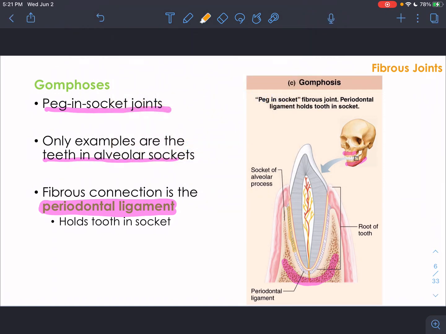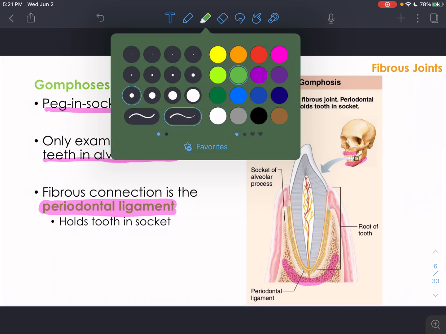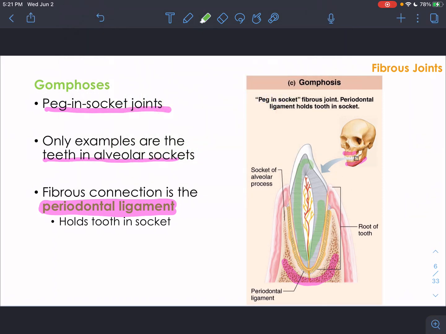So this white, that's now orange space, is a ligament that's actually holding the tooth, which is here, obviously, into the socket. Okay, so the tooth's a bone, your maxilla or mandible is a bone, and the ligament holds those in the socket. Okay, so those are the three types of fibrous joints.